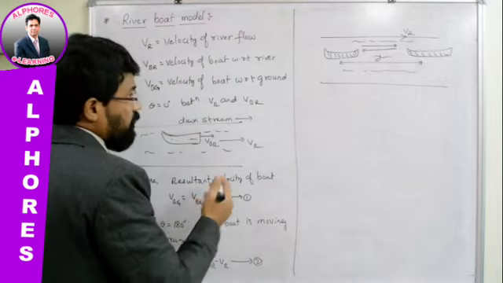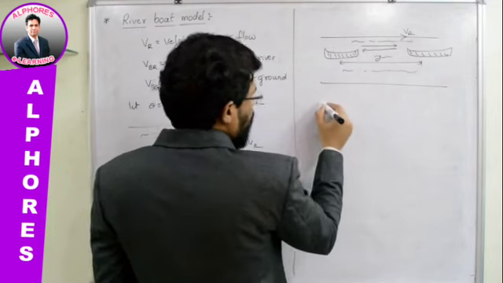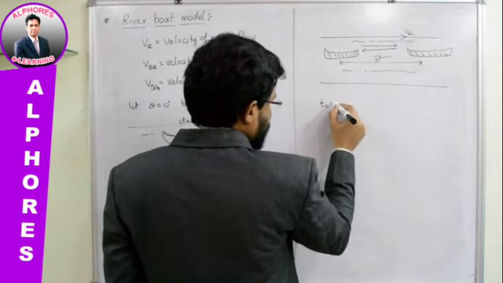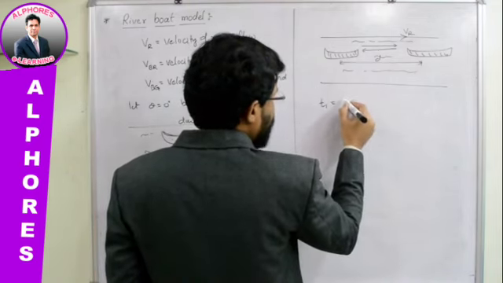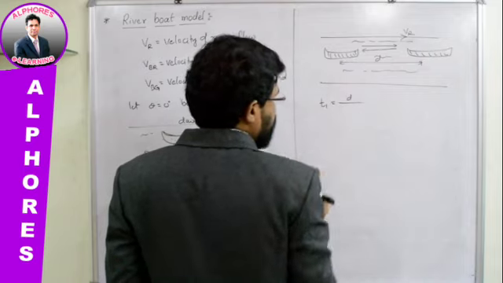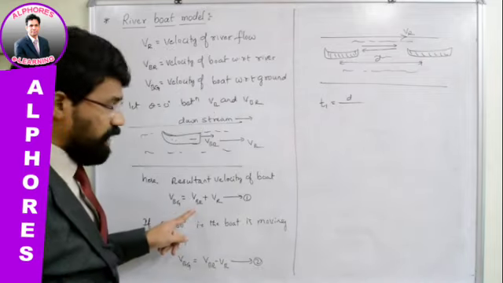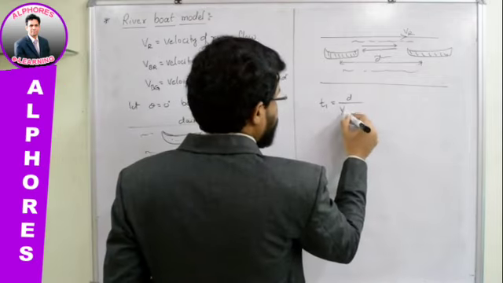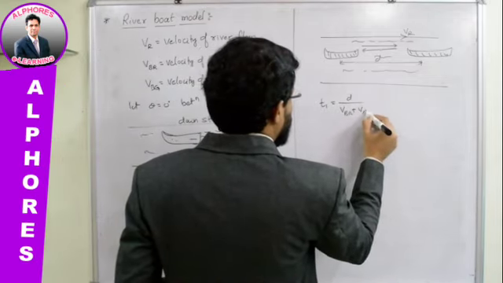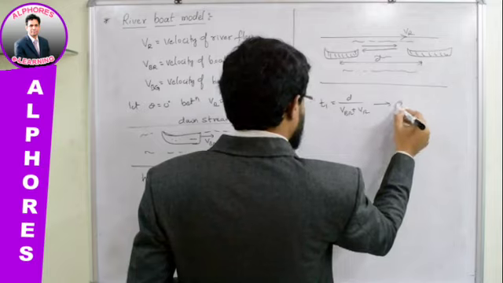When it is traveling downstream, I'll assume that the time taken is t1. How much is the distance traveled by the boat downstream? d. With what velocity has it traveled? It has traveled with a velocity equal to VBR plus VR. Let us take it as equation number 3.